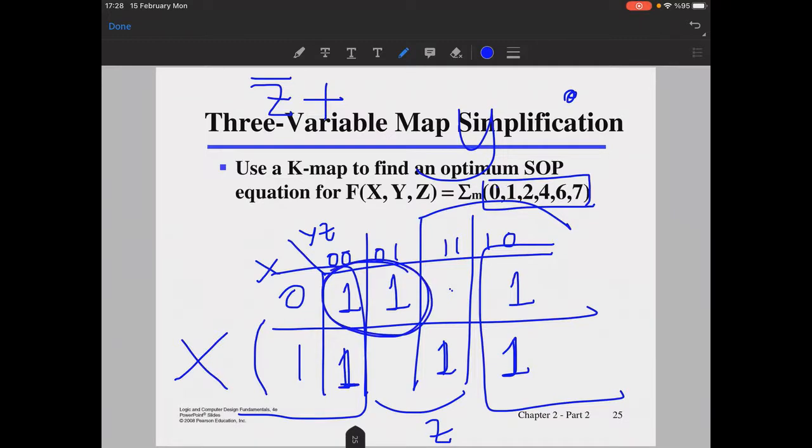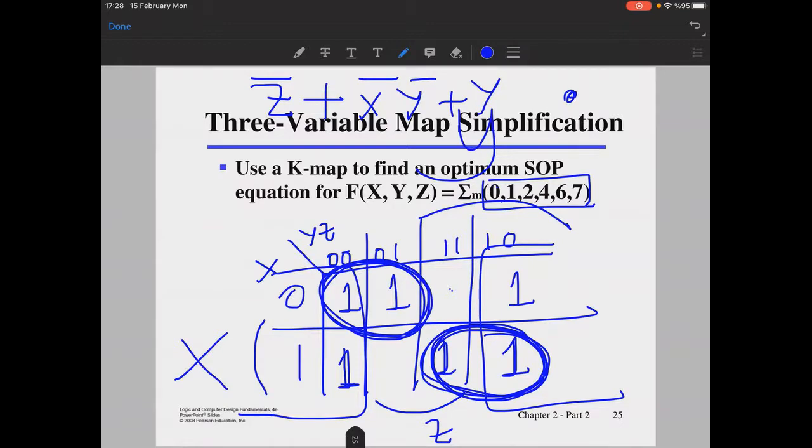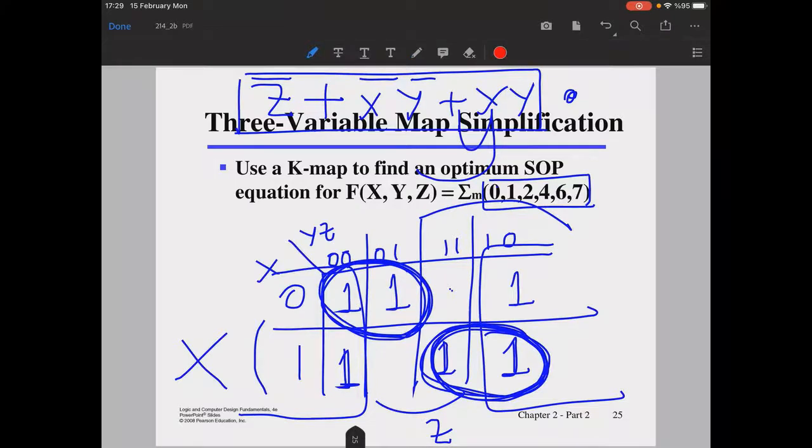I have this one, which is X naught, Y naught, good. And what else do I have? I think this one, plus XY. Maybe it is better to write it in standard order. So this would be my answer to this simplification question. Next time I will solve this in a colorful way, don't worry.